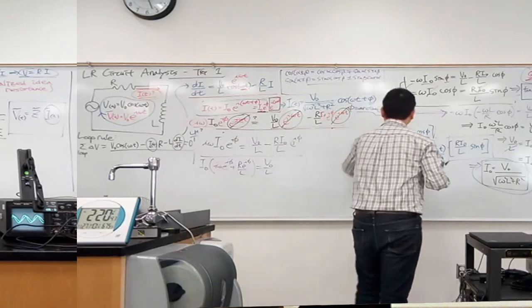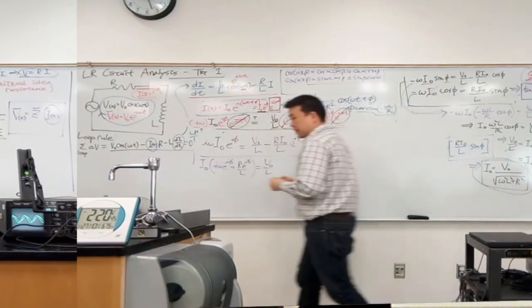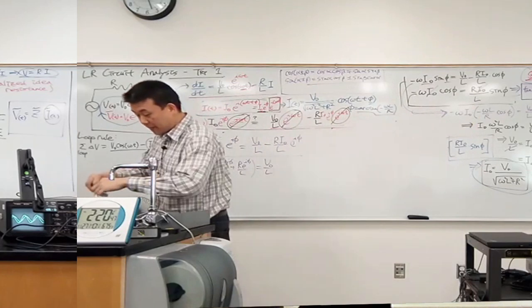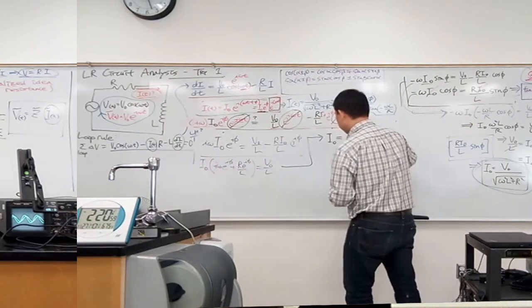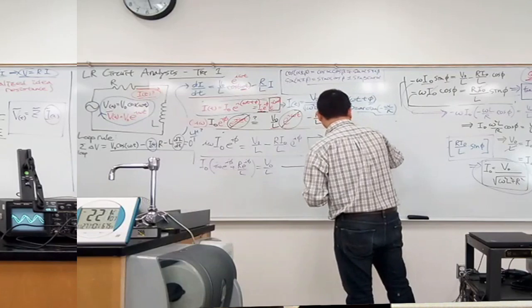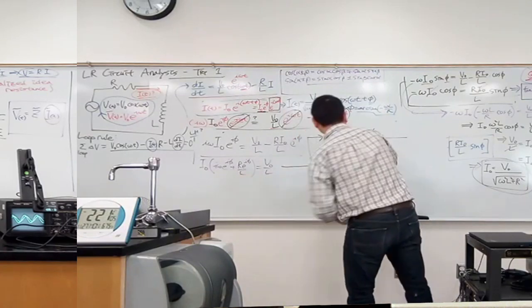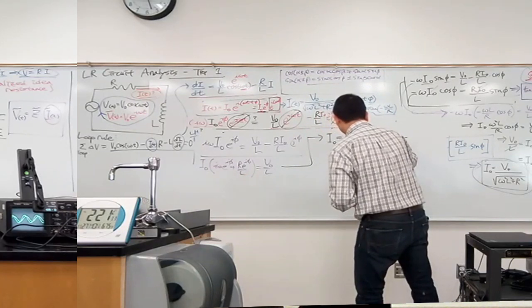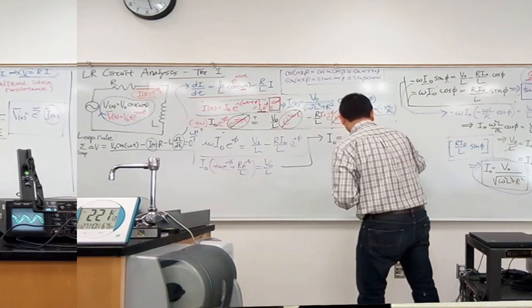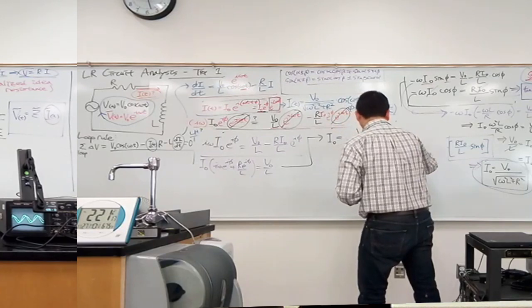And then I'll show you a mathematical trick that you can use to solve for I naught without ever solving for phi. So this becomes I naught is equal to V naught over L over all of this quantity, I omega e to the I phi plus R e to the I phi over L.